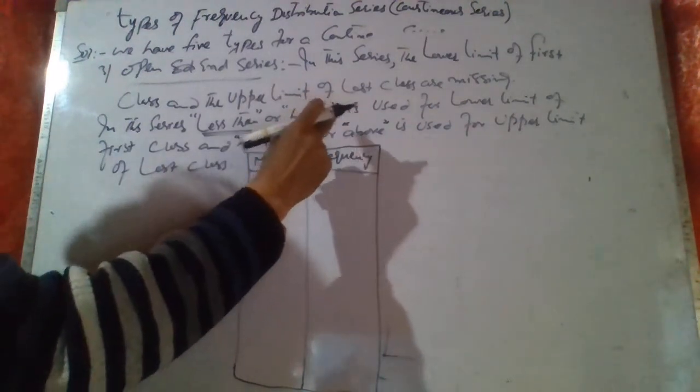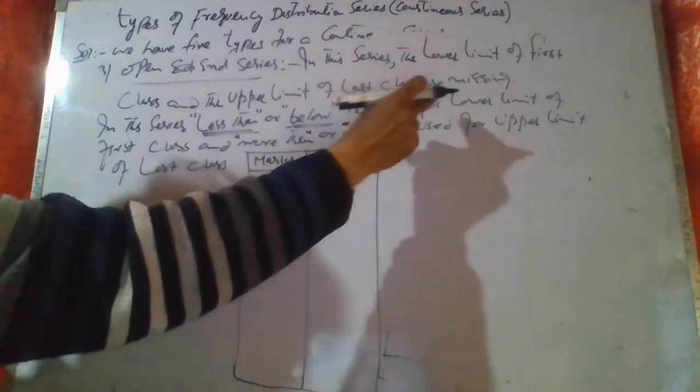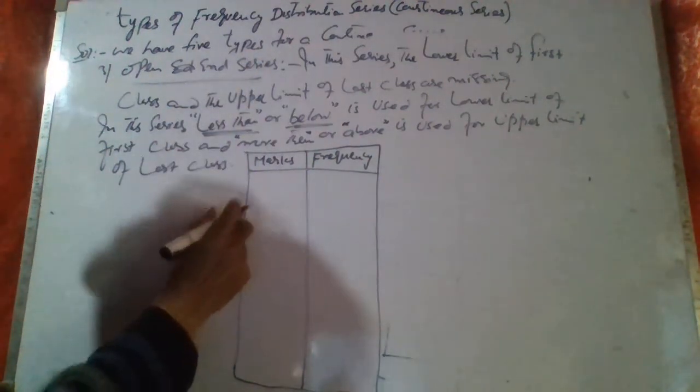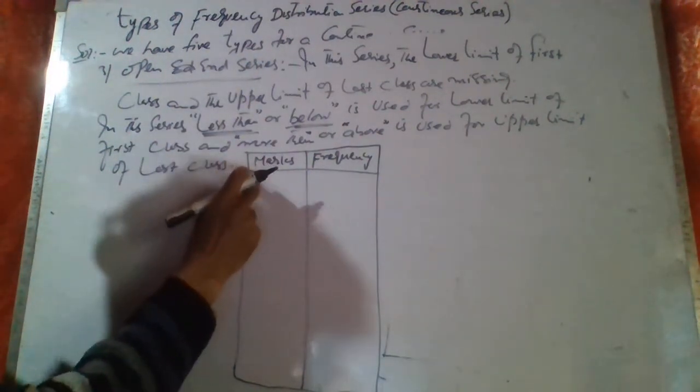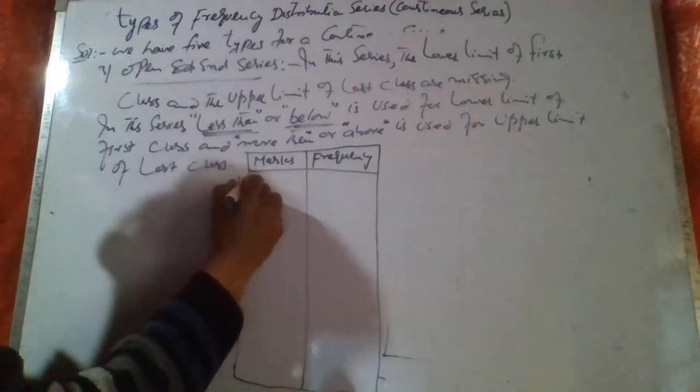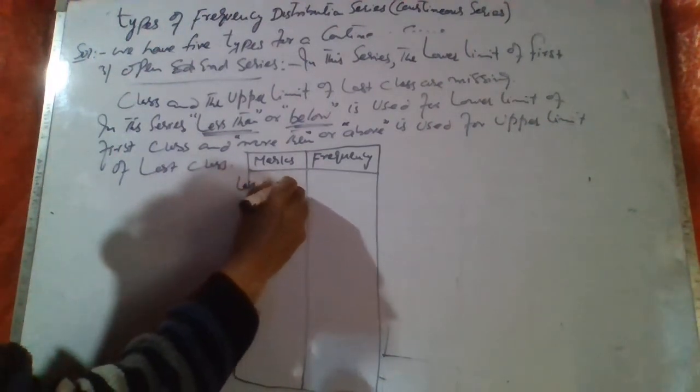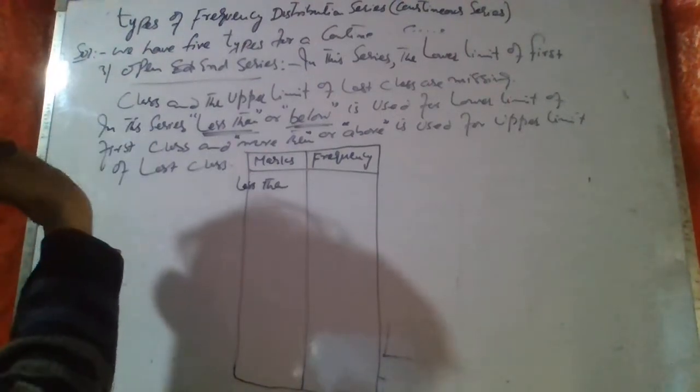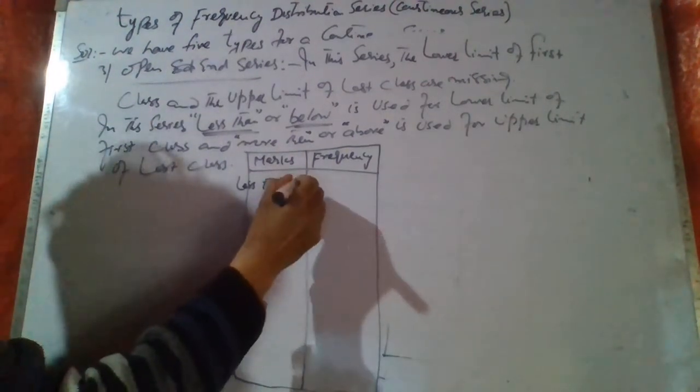So we clarify that less than or below is used for the lower limit. So there we use less than or below.